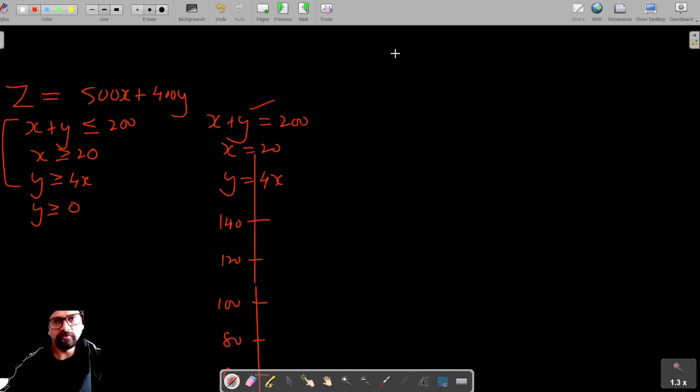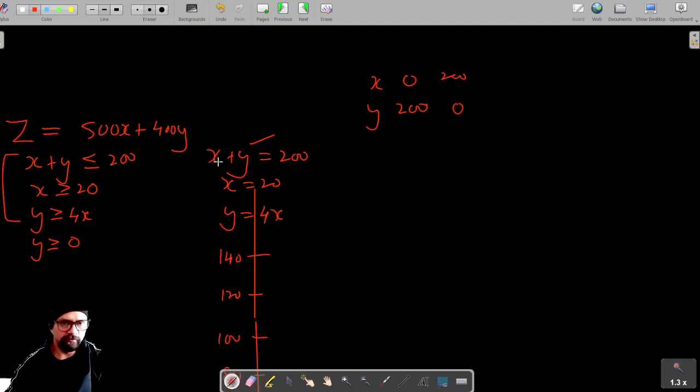For this one, when x is 0, y is 200, and when y is 0, x is 200. So therefore we need to get the value.